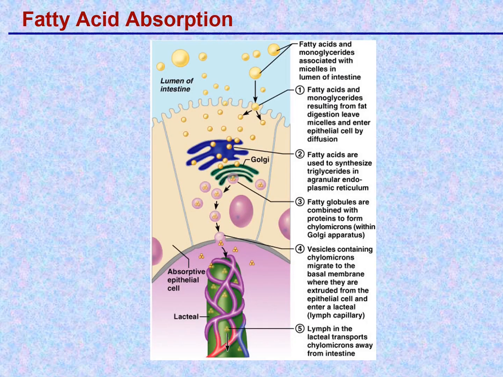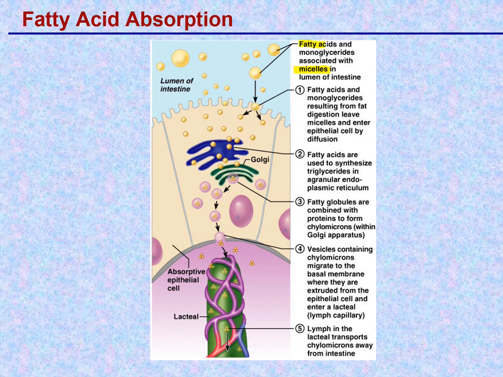Here we have a more detailed description of what's happening in the digestion and absorption of fat. You have chylomicrons, you have emulsification of fat, and these emulsified droplets are called micelles.